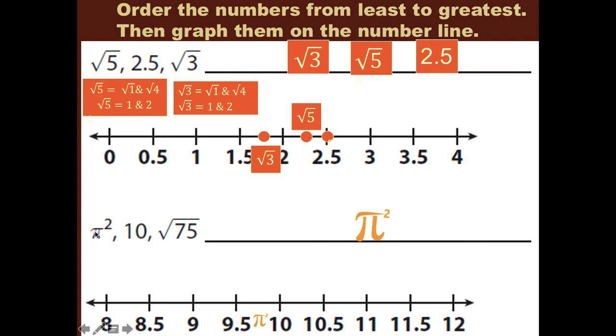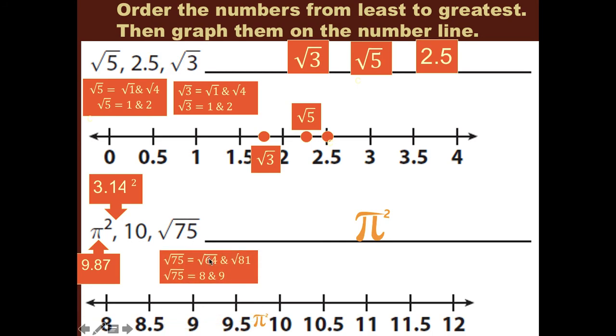Then let us find the next, pi square. We know the value of pi is 3.14 and it says square, so let us square it. We get the answer 9.87. Then we have 10, and then we need to find the square root of 75. We know that 75 will be in between 64 and 81, so the square root of 75 will be in between 8 and 9. So let us put the values from least to greatest.